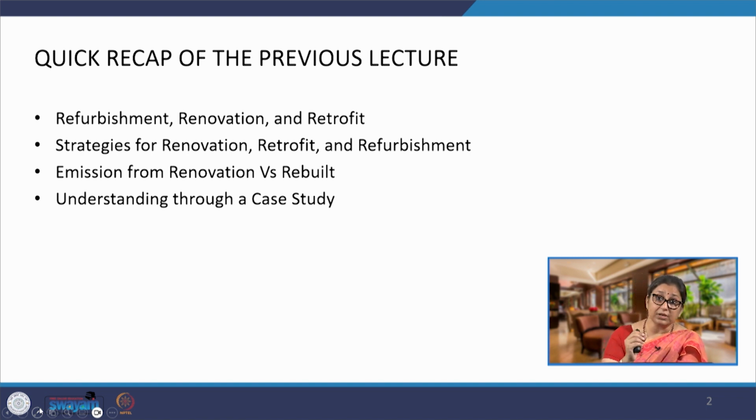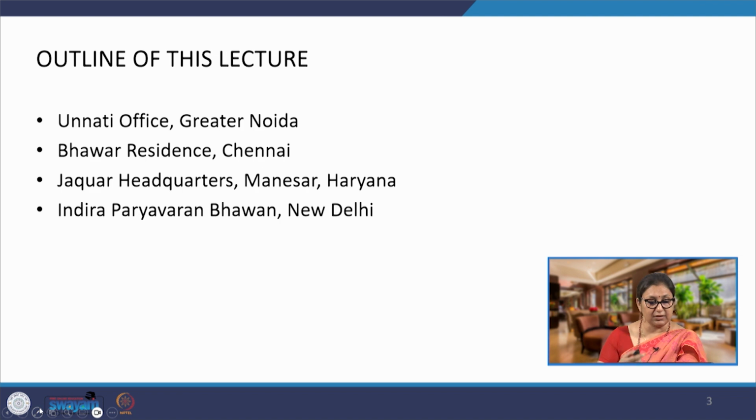But scope 2 emissions, which are mainly due to the electricity consumed in these buildings, are the most significant portion for a building as an asset. So, we are going to focus our entire discussion on reducing this scope 2 emission and a little bit of scope 1. We will keep scope 3 out of the discussion, since the focus of this course is scope 1 and 2. So, let us go ahead with the case studies.